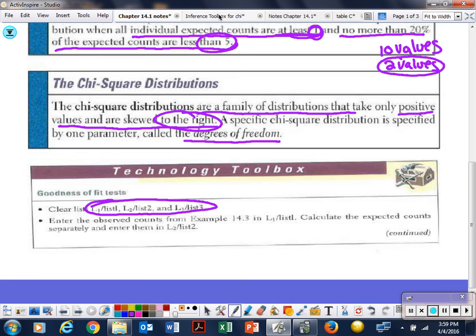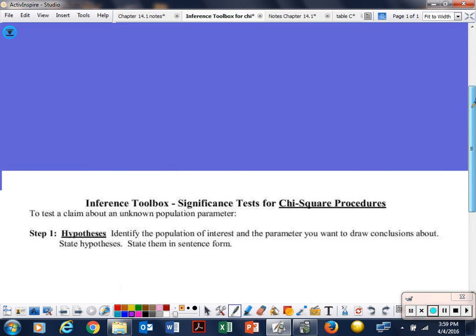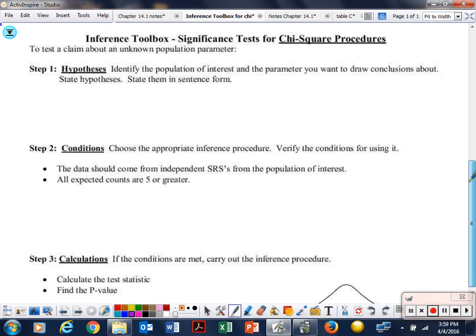All right, let's go to the Inference Toolbox. Again, this is for chapter 14.1. So, the hypothesized value. Identify the population of interest and the parameter you want to draw conclusions about. State your hypotheses in sentence form. Again, it needs to be in words.